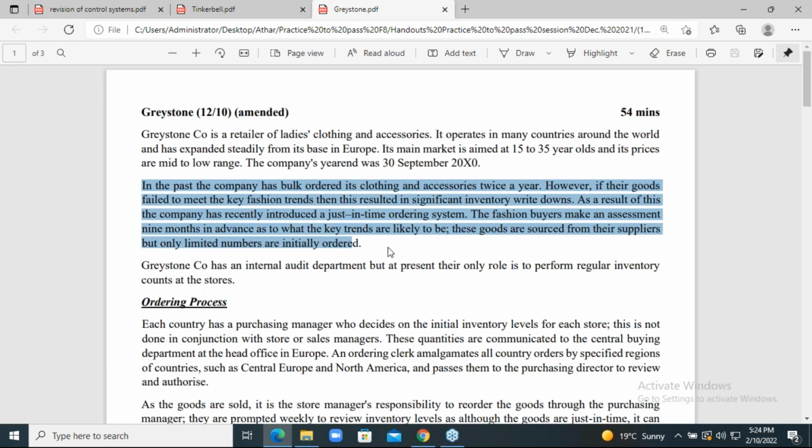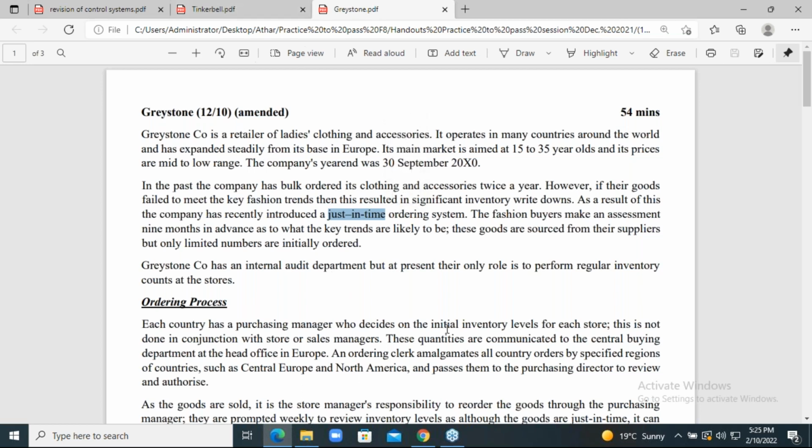All this information has been provided to you, and you can see that this is a centralized system and it is already working on a just-in-time basis. So you should not recommend options that are contradictory to the business model, as the whole business model would change. You are going to introduce a minor change through which the problem can be sorted out.